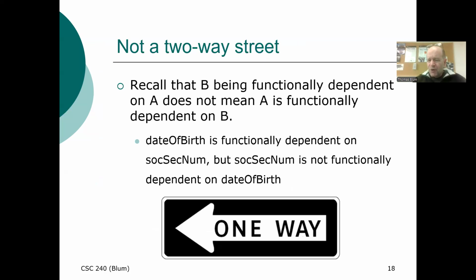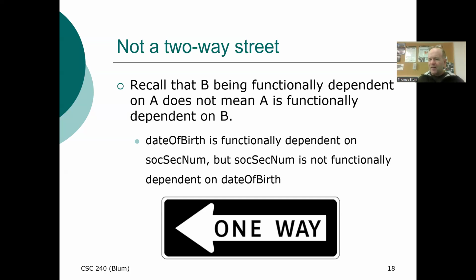One thing to note, especially with my example of the state symbol, the state name and the state capital: I could have chosen any of the three. We tend to choose the simpler thing like the symbol, but I could have said the state name gives me the symbol, but that's not always the case. These functional dependencies are not always a two-way street.